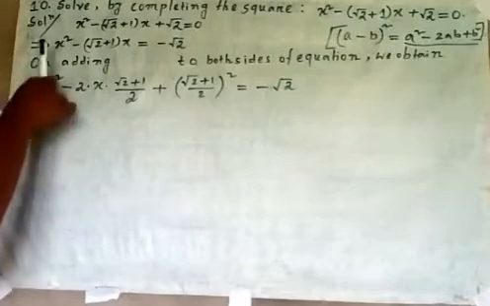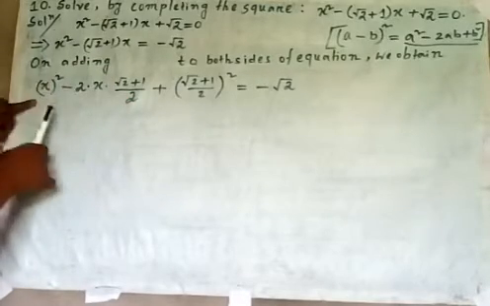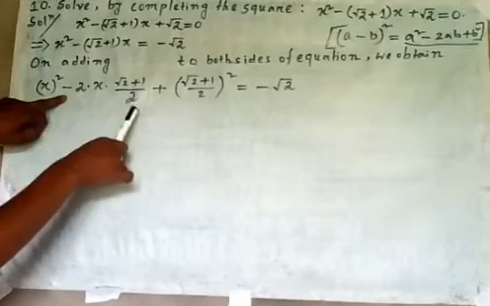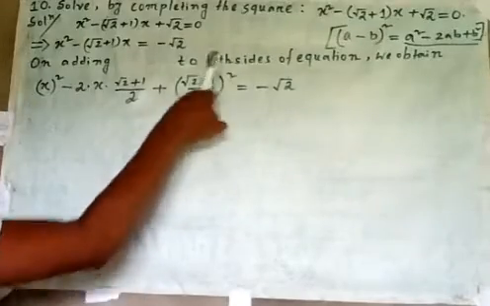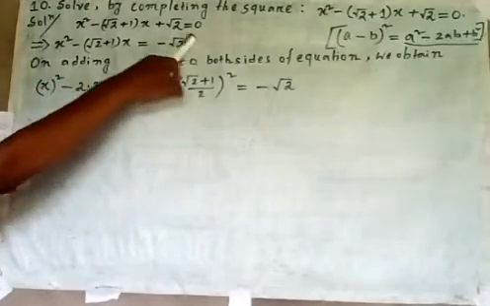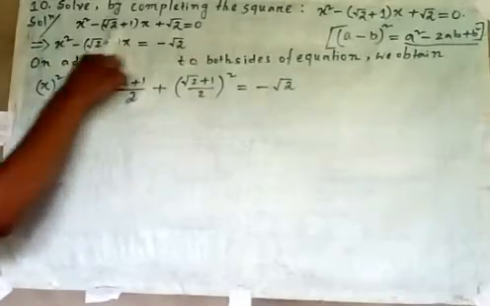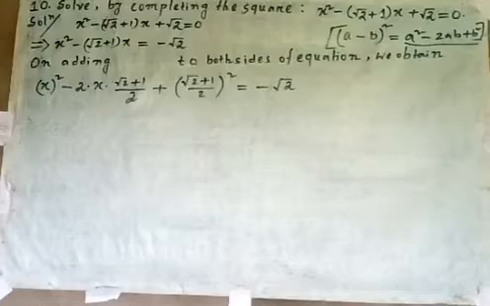What is the left side? X square minus (root 2 plus 1) into x. X square is x square, minus is minus, the 2 cancels, x and (root 2 plus 1) are the same. But this ((root 2 plus 1) by 2) whole square is not here. If you look at the previous expression, you will not get ((root 2 plus 1) by 2) whole square.